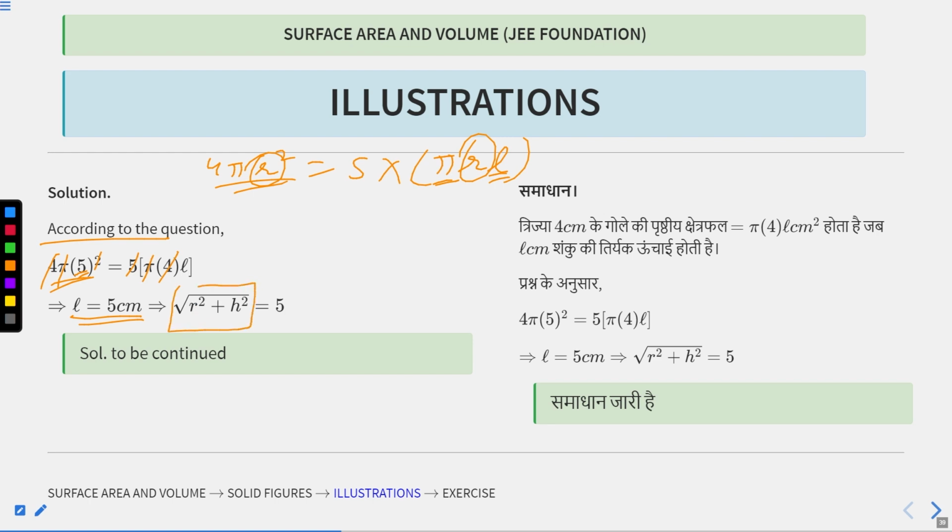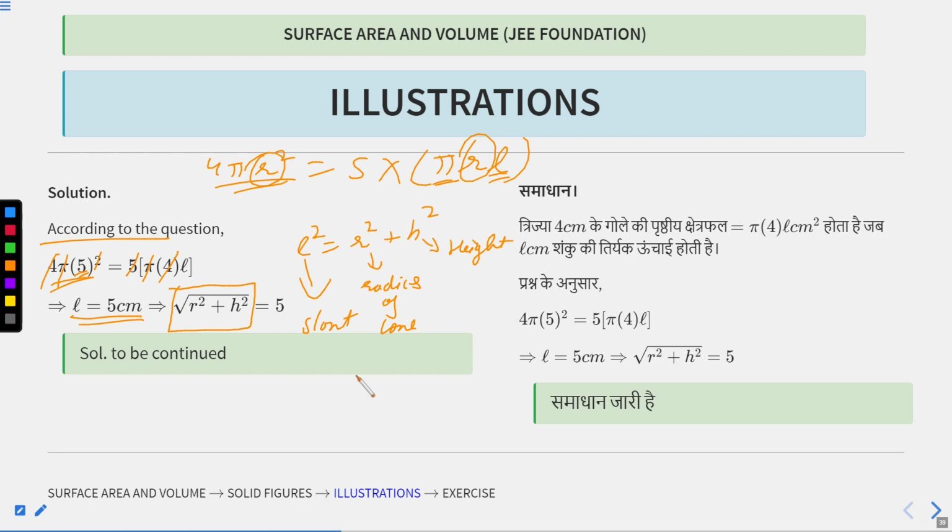Now using this relationship, if you recall, L square is equal to R square plus H square, where L is the slant height, R is the radius of the cone, and H is the height of the cone.